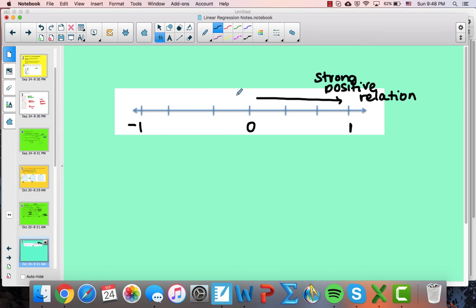And as it gets closer to -1, it's a stronger negative relationship. But by negative relationship, I don't mean bad. I mean that the slope, the line, the data is actually falling from left to right.